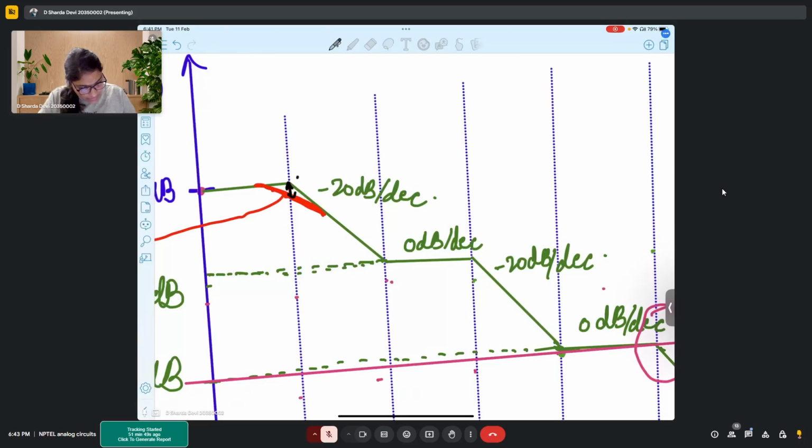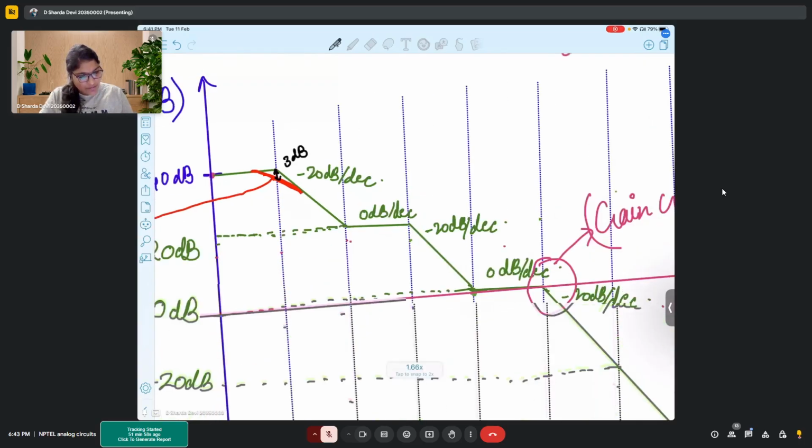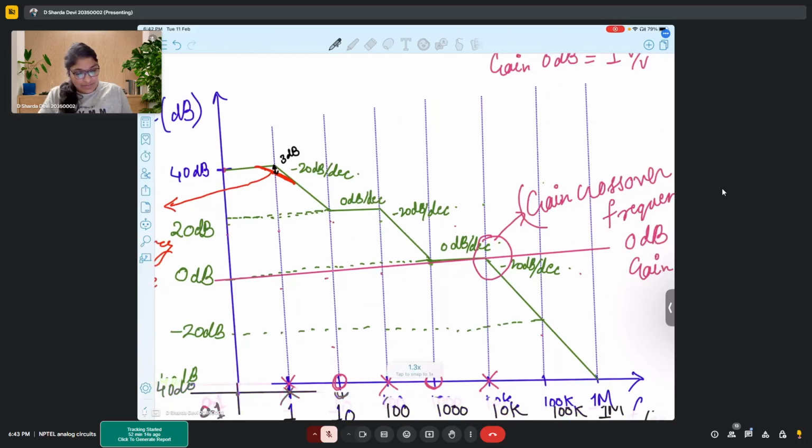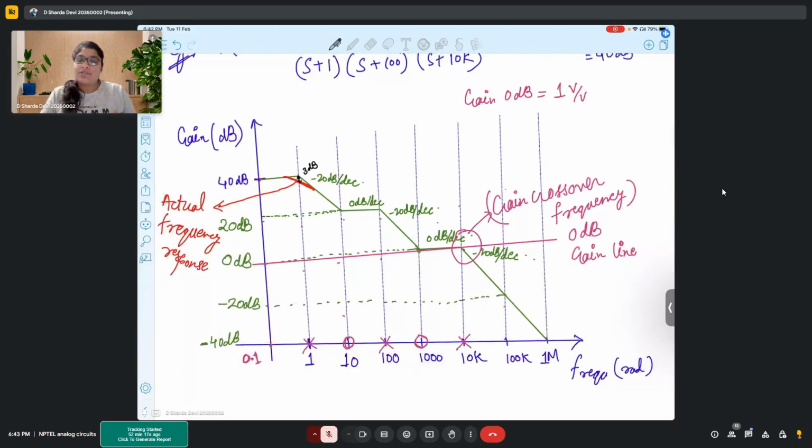So that difference is 3 dBs. It reduces by 3 dBs for a pole value, and it increases by 3 dBs for a zero value. Okay, so that is the only difference that you observe in actual frequency response to that of a Bode plot.